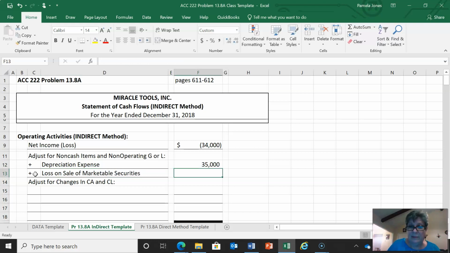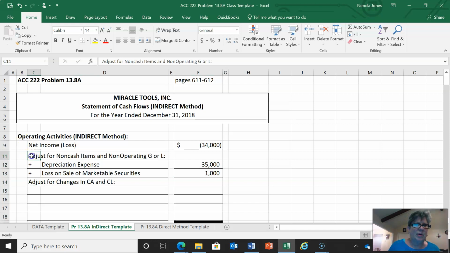And again, there may be many of these types of adjustments. So non-cash items like depreciation and amortization, and non-operating gains or losses that are a part of net income, are adjusted out of net income in moving towards cash from operating activities.